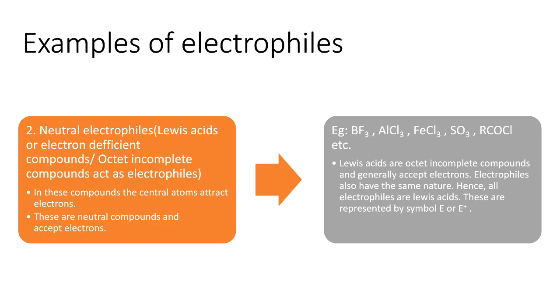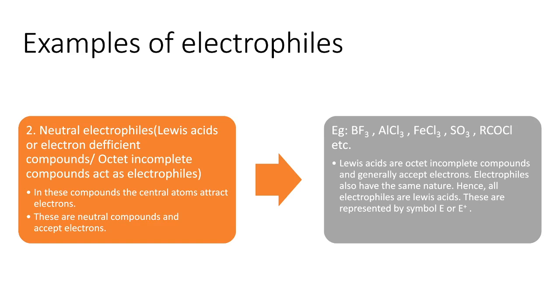In these compounds, the central atoms attract electrons because they are electron deficient. These are neutral compounds that lack the octet in the valence shell, so they accept electrons.